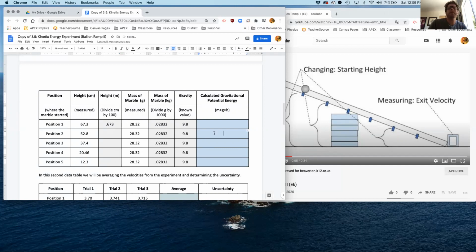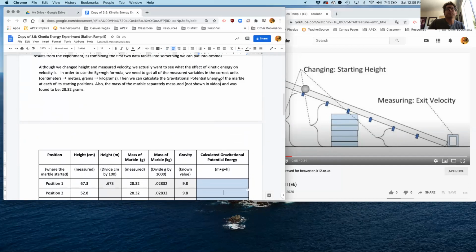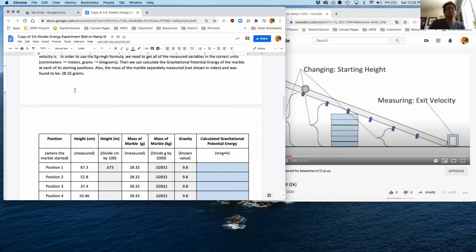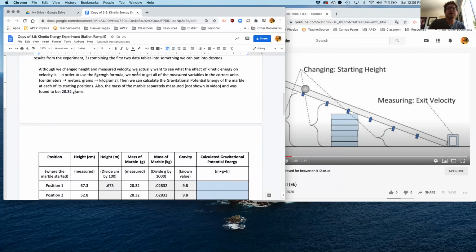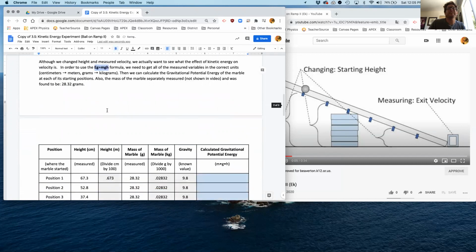Now the next step is we want to figure out how much gravitational potential energy the ball had when it started. So we also need to know the mass of the ball. I took the mass of the marble, actually, and it's 28.32 grams. You don't see that in the video, but I give it to you. But in our m times g times h equation, our mass isn't in grams, it's in kilograms.